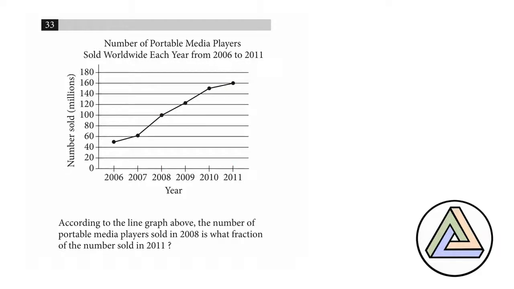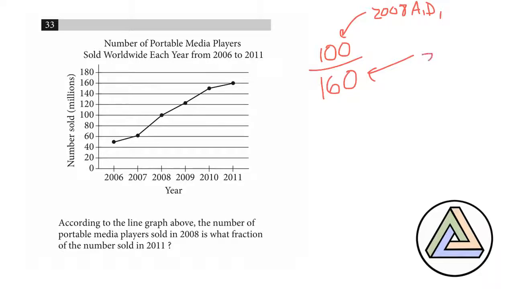So it will be the 2008 amount, which is 100 million, all over 2008. I'll write AD to make sure it's clear that it is a date, a year. And then 2011 is going to be 160, and clearly that is 2011, right?